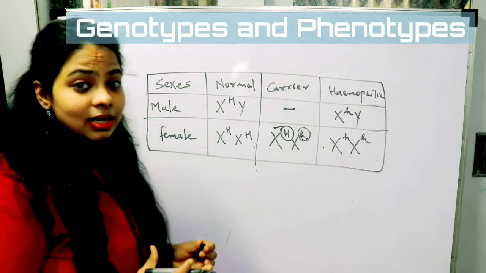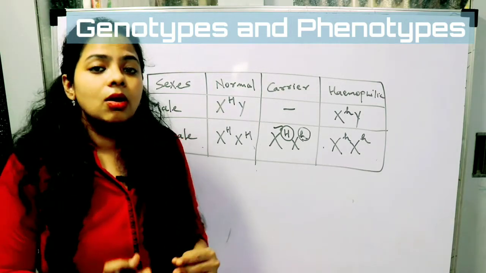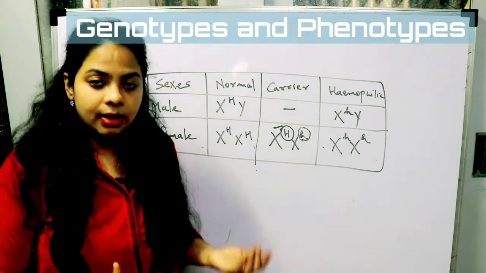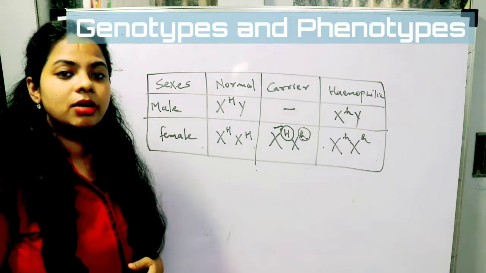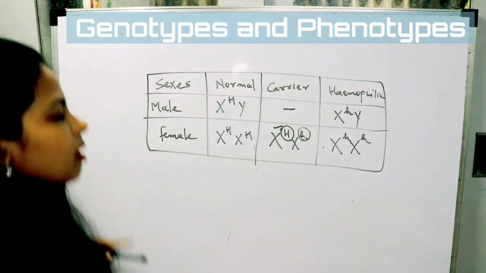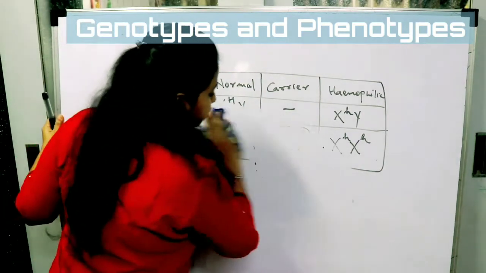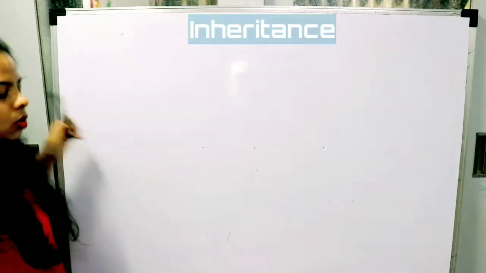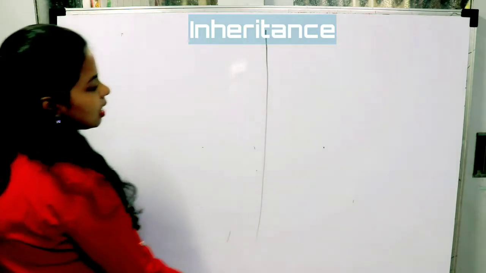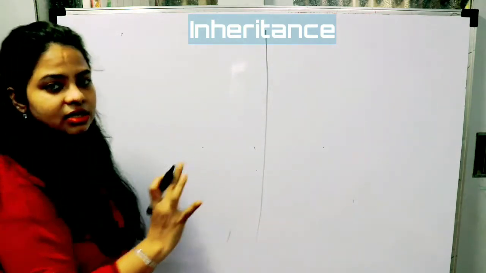Now let's focus on the inheritance of hemophilia. If the son is hemophilic, what are the genotypes of the parents? If the daughter is hemophilic, what are the genotypes of the parents? So let's see the inheritance of hemophilia. As we had discussed in color blindness, the thing will remain the same here.